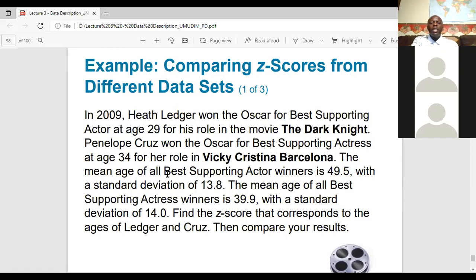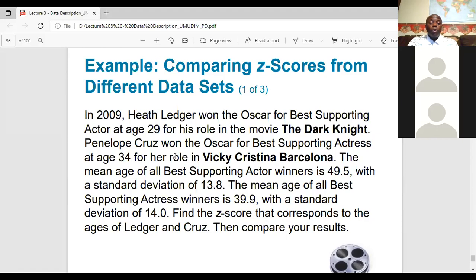The mean age for all Best Supporting Actors is 49.5 with a standard deviation of 13.8. And the mean age of all Best Supporting Actress winners is 39.9 years with a standard deviation of 14. Find the z-scores that correspond to the ages of Ledger and Cruz, and compare the results.